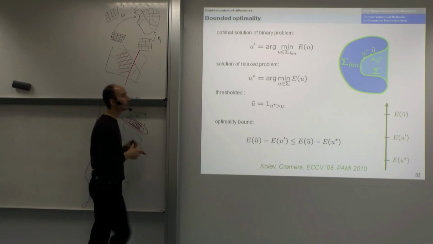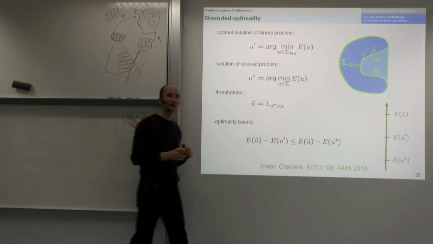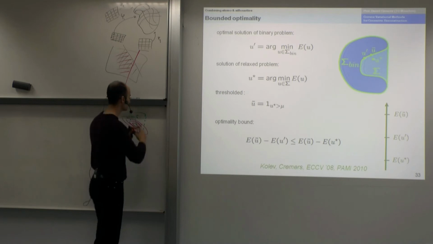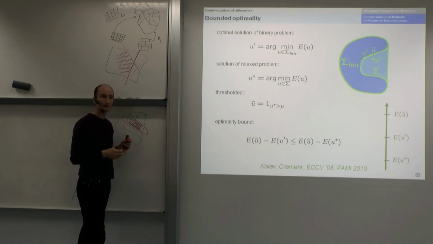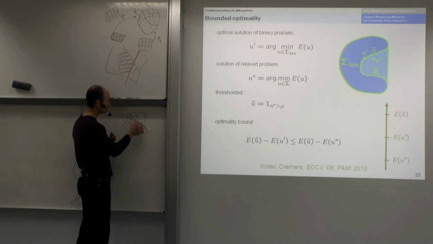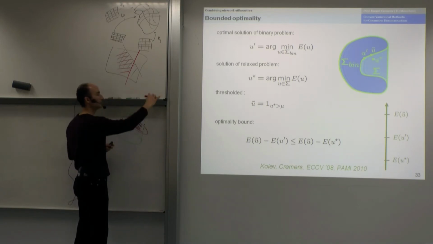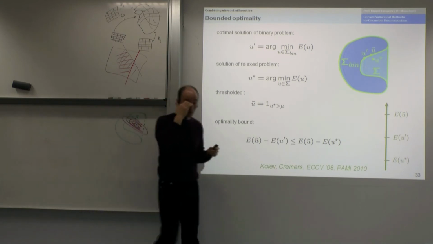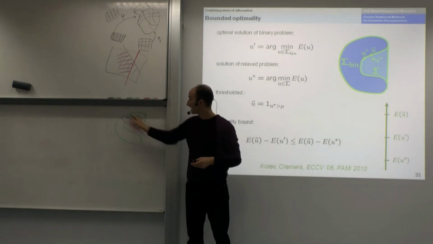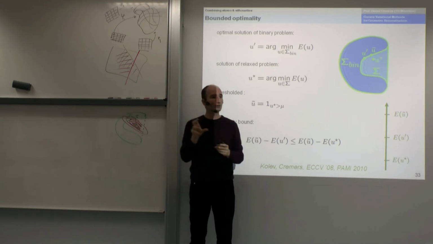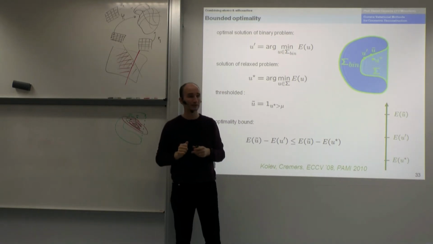So in the binarization, there are strategies to take into account the structure of the cost function, because I see this point has a much higher energy than that point. Ideally I would rather binarize along the principal axis of, say, the parabola that I fit here. So there are many strategies to improve the solution and, in the binarization, take into account a certain aspect of the cost function.